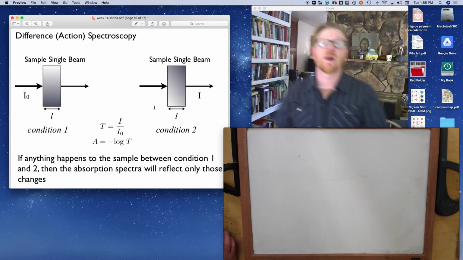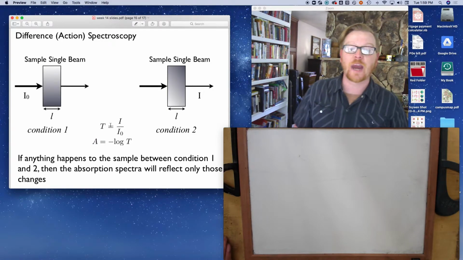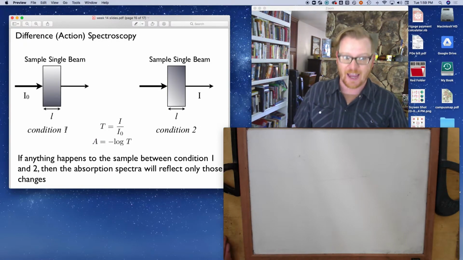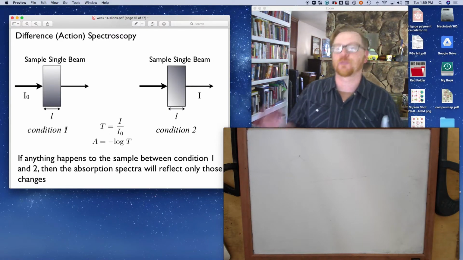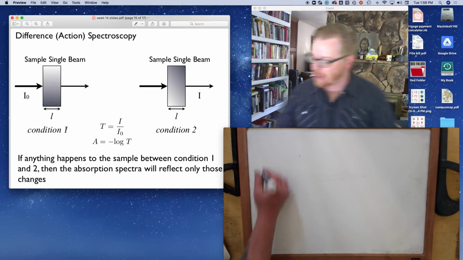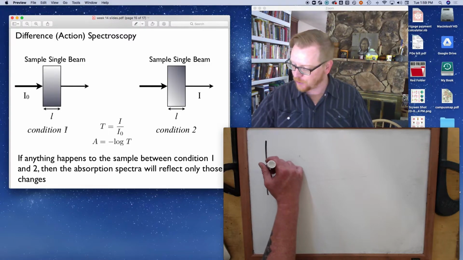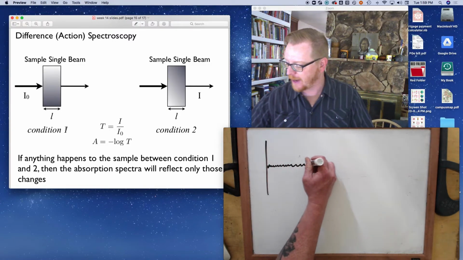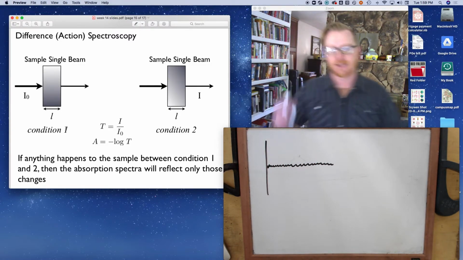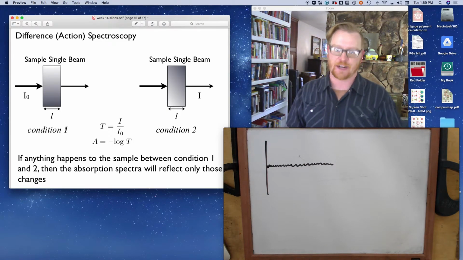So now you take the absorbance, or transmittance if you like, ratio between condition 2 and condition 1, and the spectrum will only reflect the change that happened. So for example, if nothing happens between condition 1 and condition 2, you're just going to get a flat line, right? Like some noise. That little wiggle corresponds to the shot noise of the detector.